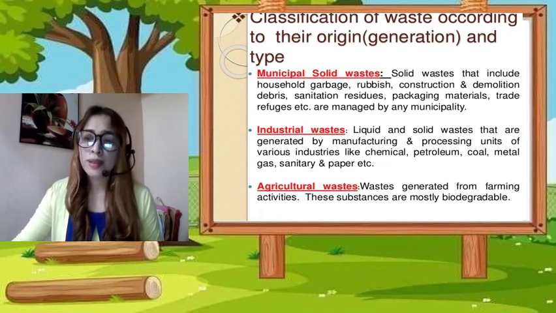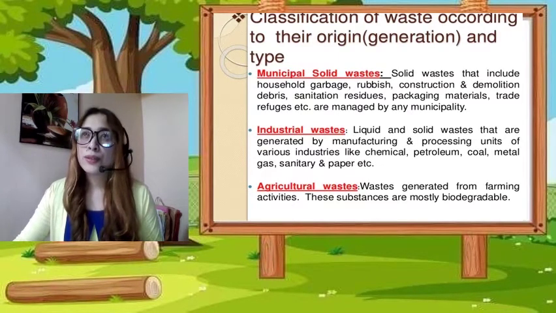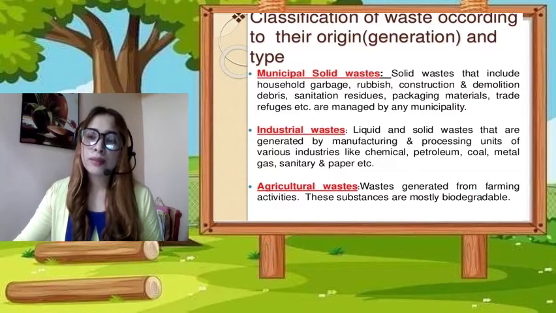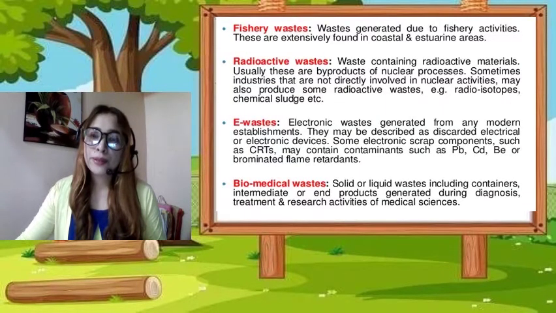The pesticides that you're using, the containers of it, and also herbicides and a lot of things they're using to grow their crops. If they're already unusable, then they become waste and garbage. So it must be disposed properly, because if not, this could also bring hazardous effects to the neighboring people. Then fishery waste, also generated from fishery activities.